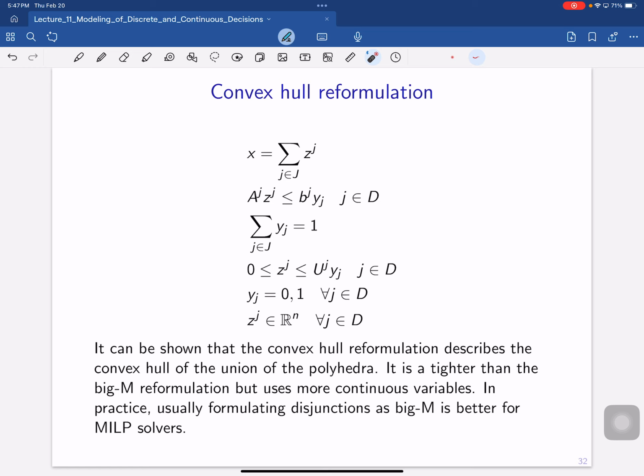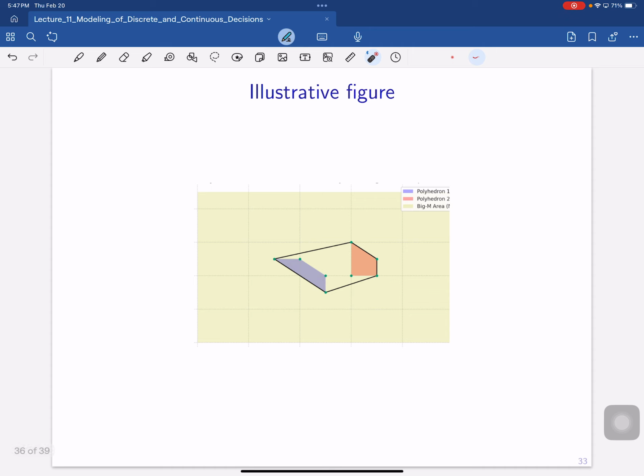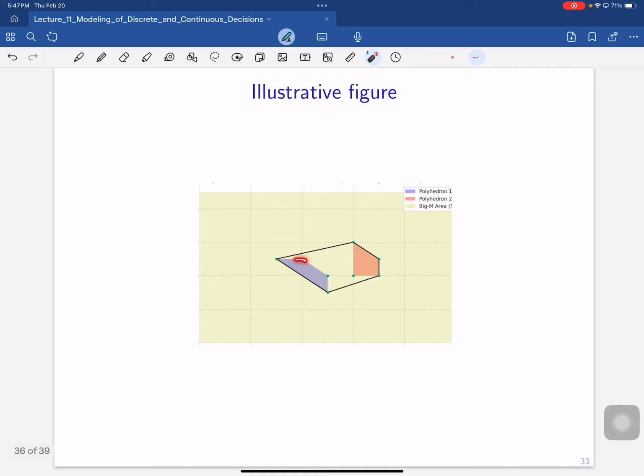Okay, that's an intuition. But you can rigorously prove that this convex hull reformulation gives you the convex hull of the disjunctive program. What do I mean by that? If you have a region saying that I'm either in this polyhedral set or in the second polyhedral set, in order to solve this problem, you need a convex relaxation in order to use some convex solvers, right?